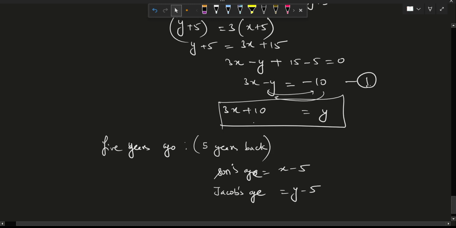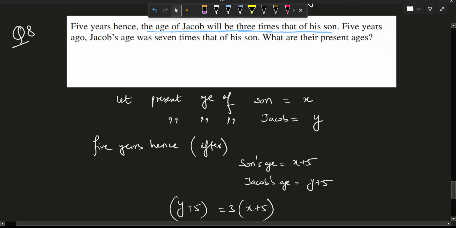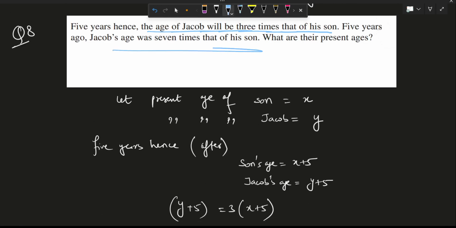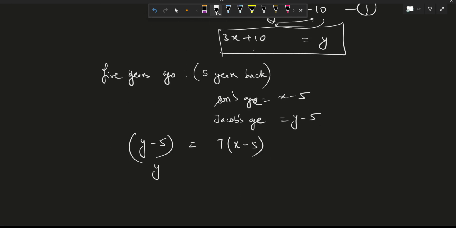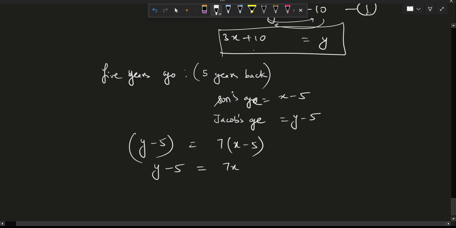Clear? Now what is the relationship given? 5 years ago, Jacob's age was 7 times his son's. So y minus 5 will be 7 into x minus 5. Solve it. Y minus 5 is 7x minus 35. I have the y here, 3x plus 10.